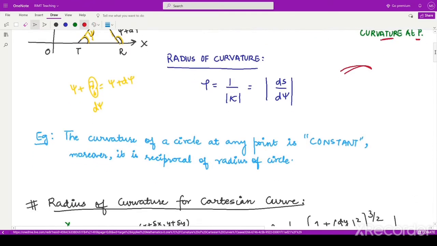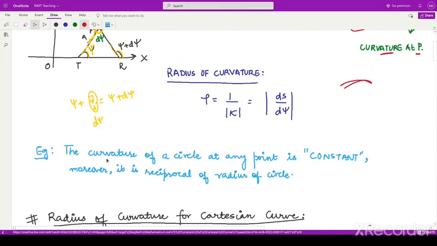A very nice example of this curvature is, do you know what is the curvature of a circle? For a circle we have the radius to be a constant quantity. As the radius is a constant quantity, that means the curvature is not changing with respect to time or radius.